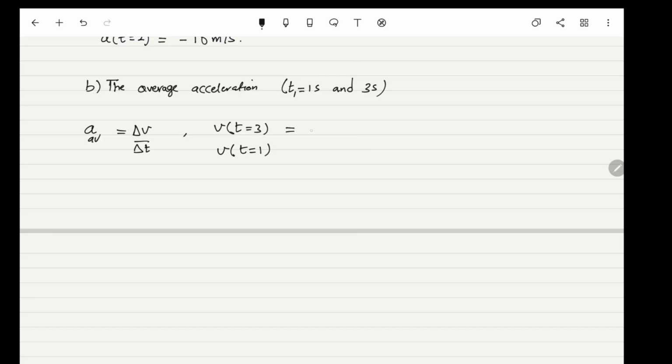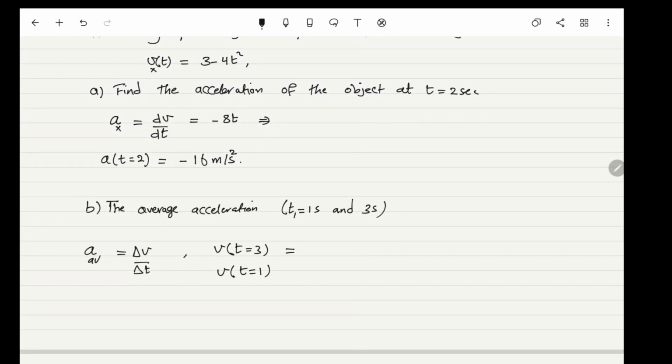So v when t equals 3 seconds, going back to the equation, is 3 minus 4t squared, so it's 3 minus 4 times 9, which equals minus 33 meters per second.